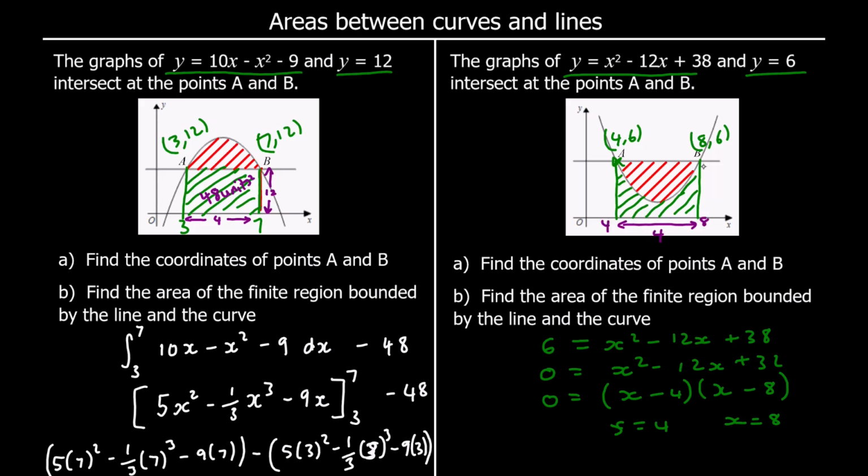It's 6 tall, so the area of the rectangle is 4 times 6, so it's 24 units squared. So if we want the red area, we can do the rectangle, take away the green area. So if we integrate between 4 and 8, we can find the green area. 24 minus the green area will be the red area.